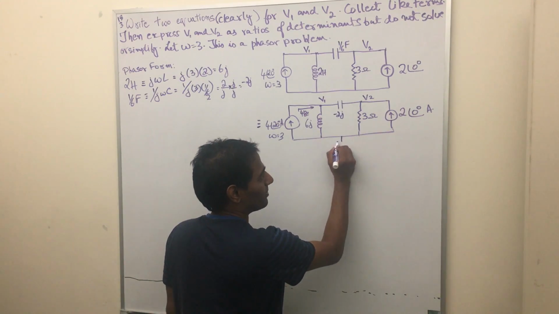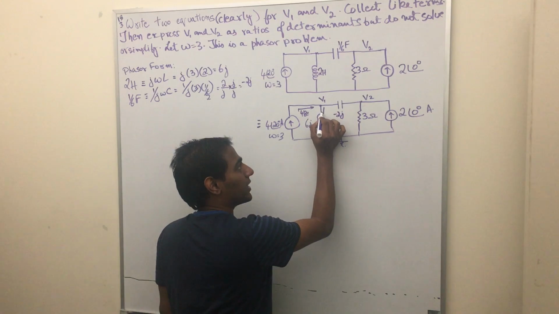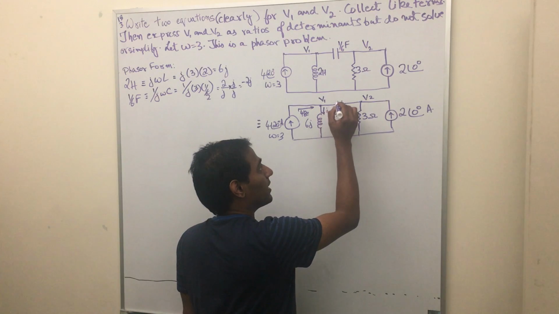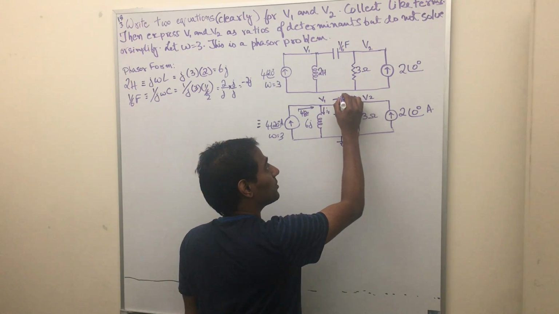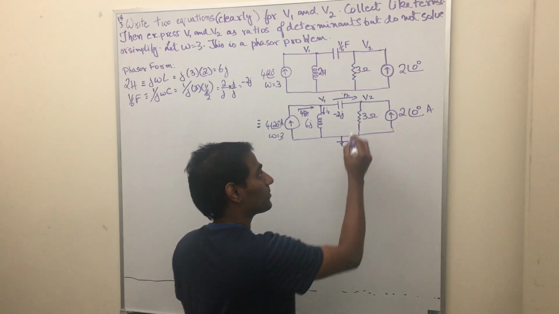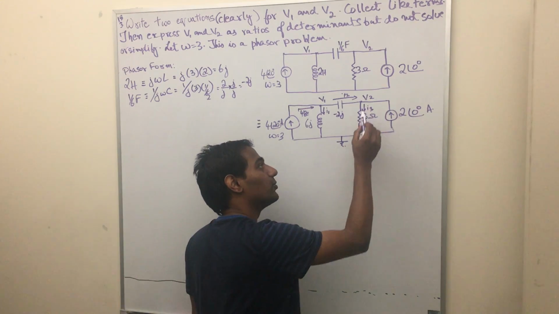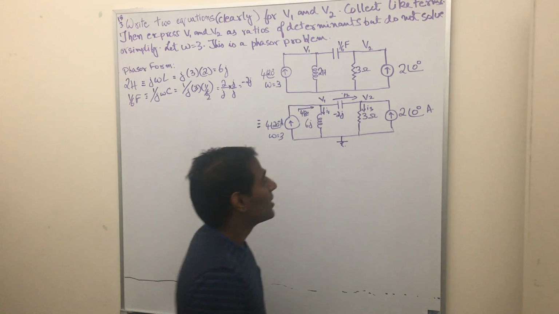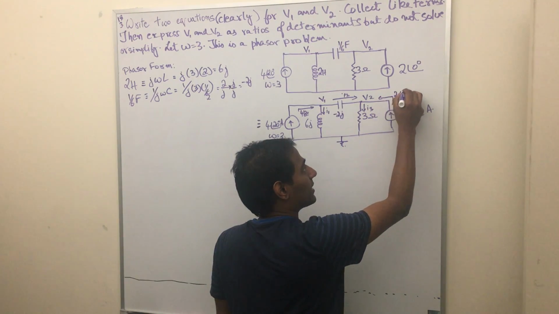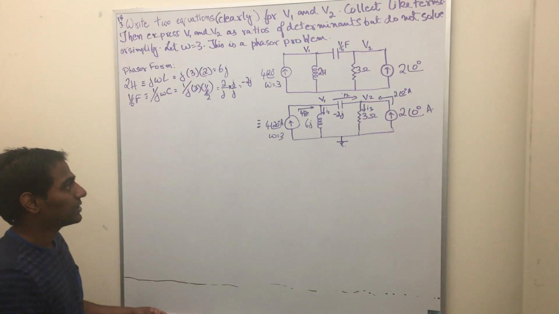Let the bottom part be connected to ground, and let's assume a current I1 flows from V1 to ground, and a current I2 flows from V1 to V2. Current I3 flows from V2 to ground, and a current 2 at an angle 0 degrees flows into V2 from ground.